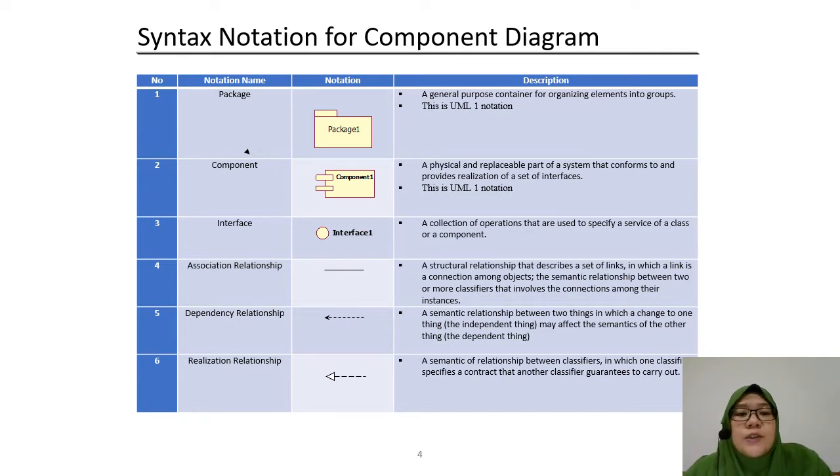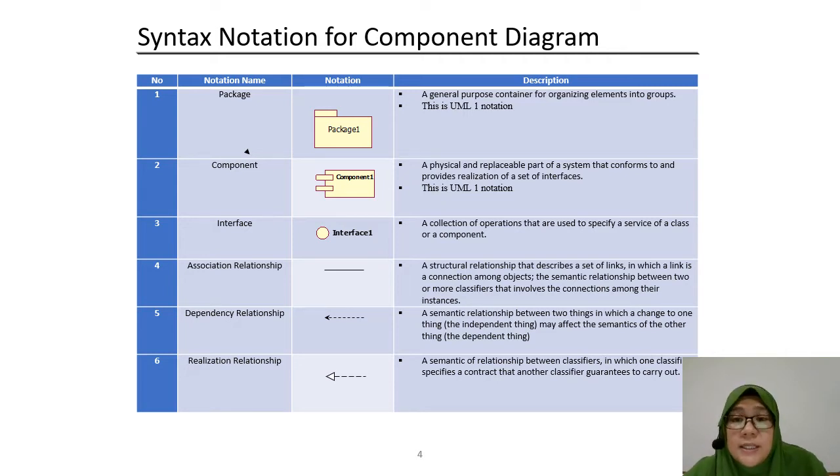Okay, so we have a package. A package is actually a group of components. So a component is a group of classes, and a package is a group of components. Then we have this interface. An interface is a collection of operations that specify a service. So it's just telling you what the component is doing.